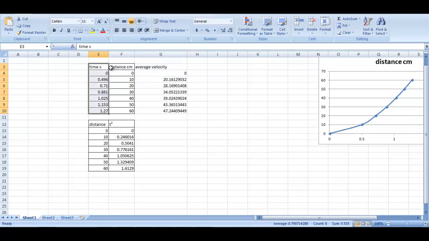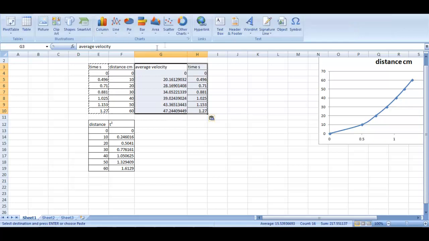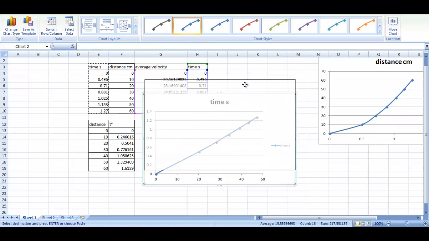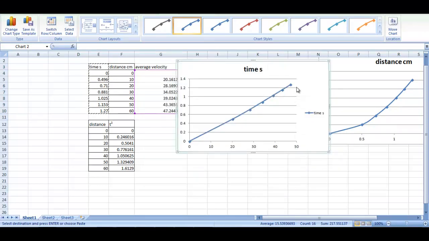I will copy this right here, and we will do another graph. So we can actually see that the graph of the average velocity versus time is a straight line. So from this graph we can conclude that the average velocity increases uniformly with time.